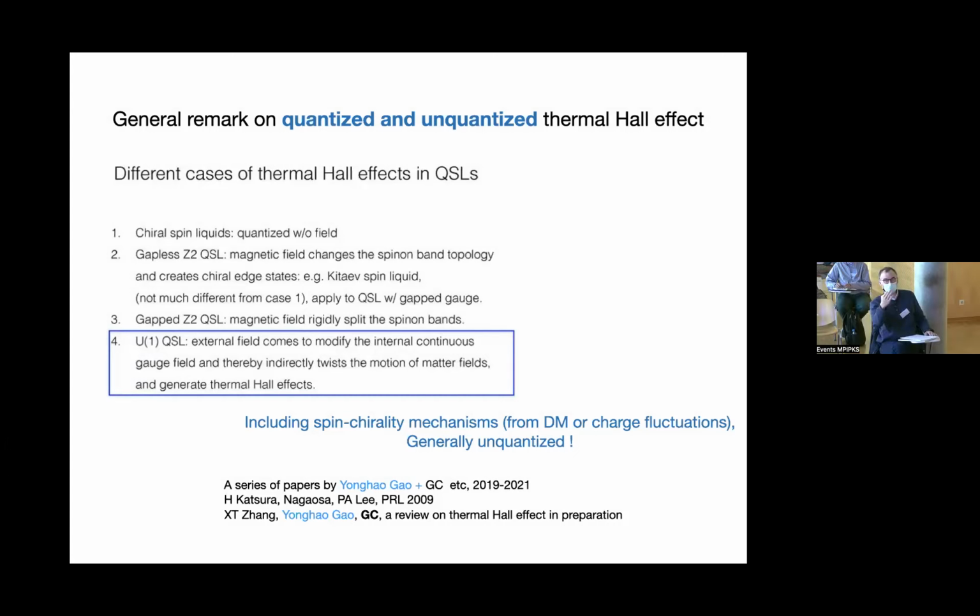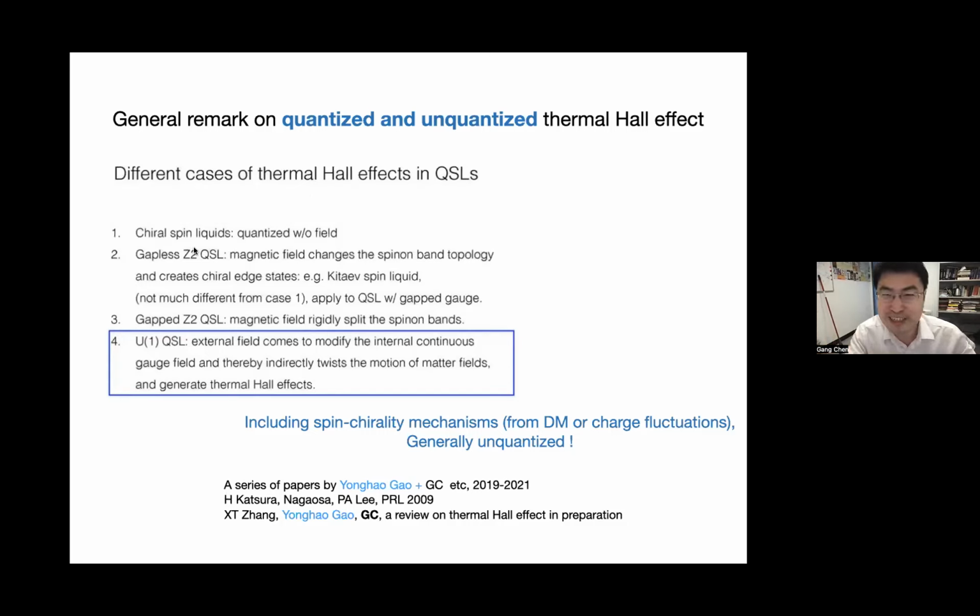But you say the zero field state would be gapless and already have a thermal Hall effect? No, the zero field is gapless. So I'm saying, thermal Hall measurement is performed with magnetic field, right? So for gapless Z2 spin liquid, the way to generate the thermal Hall effect is to apply magnetic field. For the Kitaev case, you originally have a gapless Majorana fermion.